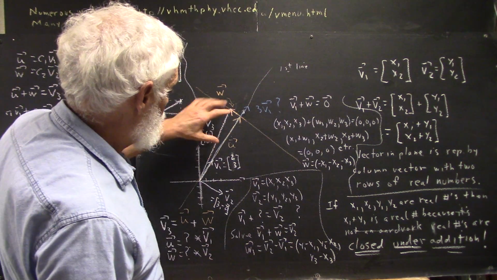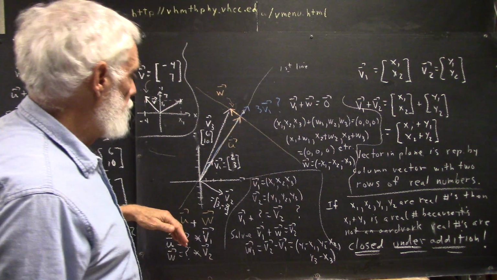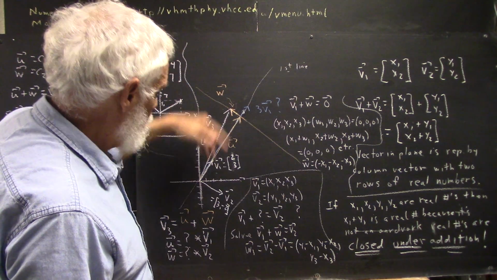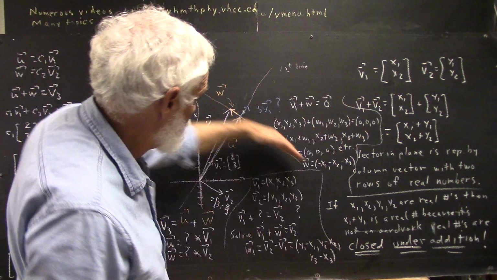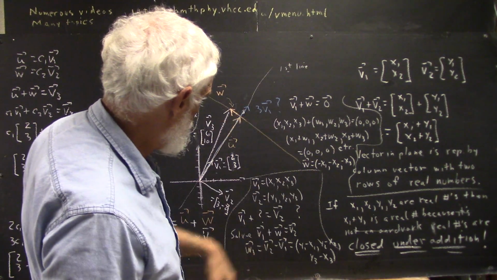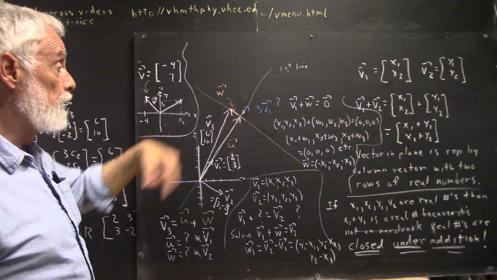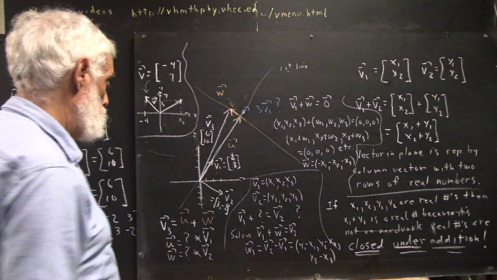I know the u vector, the stuff in orange, hasn't been drawn at this point. Then we want a line through the tip of v3 that's parallel to v2. Well, there's the direction of v2, so this line is supposed to be parallel to v2. I'm not sure I did a good job, but there it is. That would be the orange line and this white line.